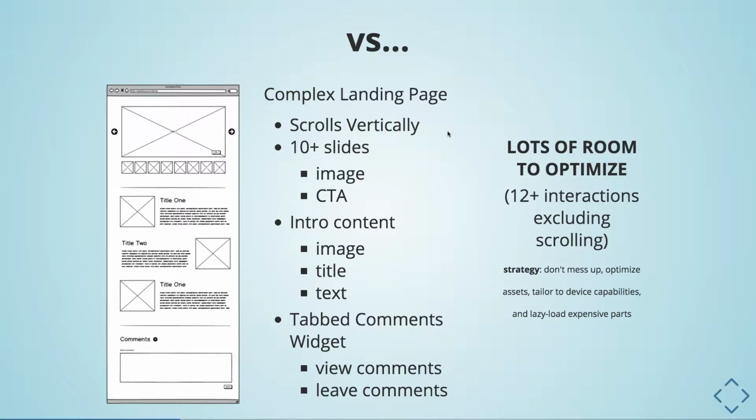You click here, you can view the comments, you can write a message in maybe rich text format, hit submit, you submit a comment, right? So in here, there's a lot of room to optimize. You still don't want to mess up, that's always bad, but you can optimize assets, tailor to device capabilities, and lazy load the more expensive parts. We'll talk about what that means exactly.